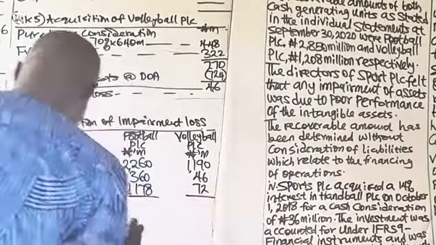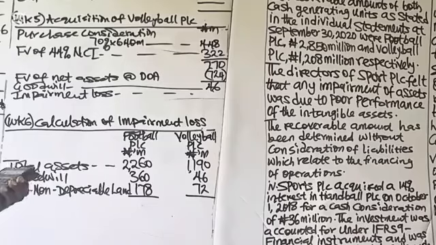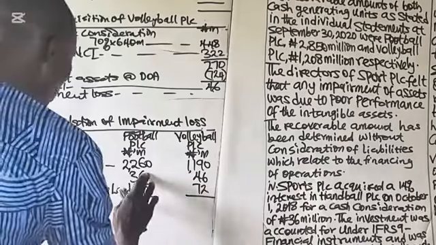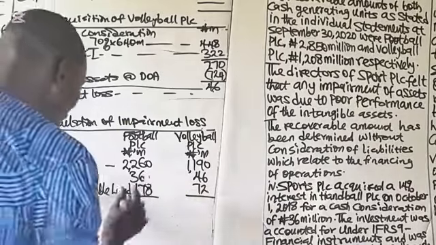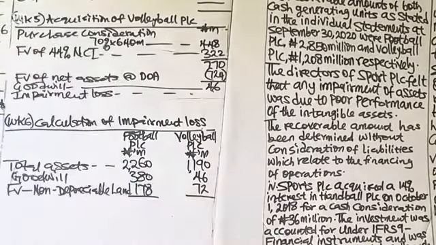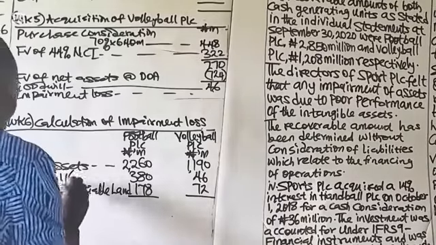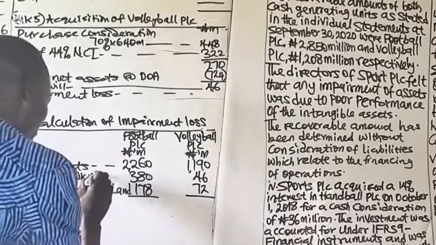So if you sum up this, you have the total asset 2260 plus goodwill 380, from our calculation working number 4 and 5.